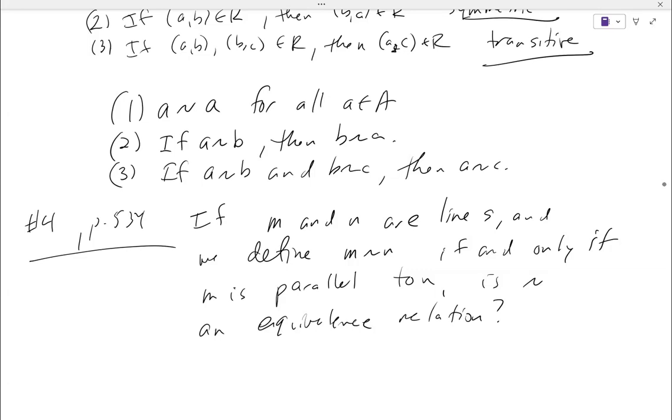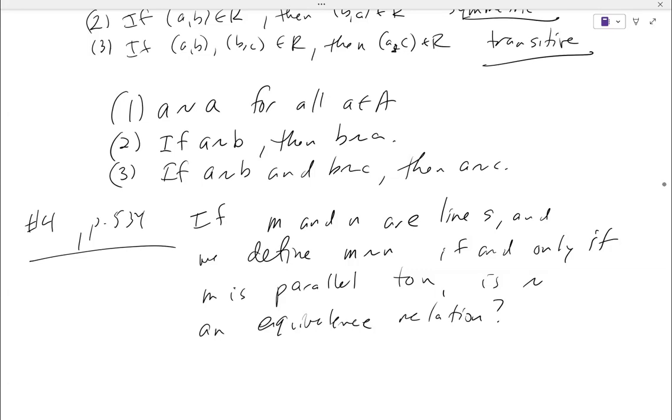So if line M is parallel to line N, is it true that line N is parallel to line M? Yes. So we definitely need symmetric, right? Without any question. If line M is parallel to line N, and line N is parallel to line R, is it true that M is parallel to R?